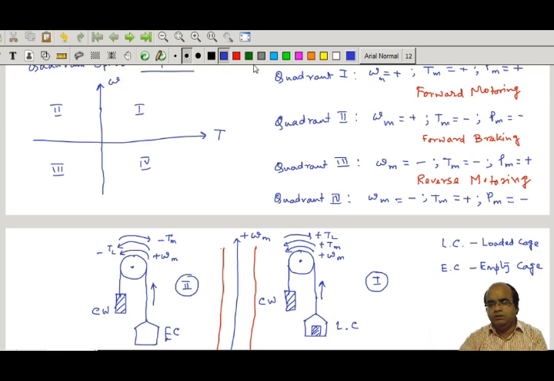This is called reverse braking. Okay. That is, in the braking mode of operation, instead of consuming power from the power source, the motor is delivering power to the source. Okay. But the motor is running in the same direction.